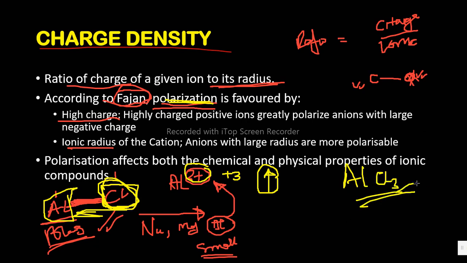But do you know that it is more of a covalent compound? It can dissolve in organic solvents. Why? Because the aluminium chloride bond has been distorted and is more of a covalent bond now, so it will easily dissolve in organic solvent.